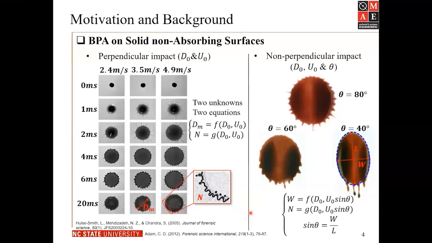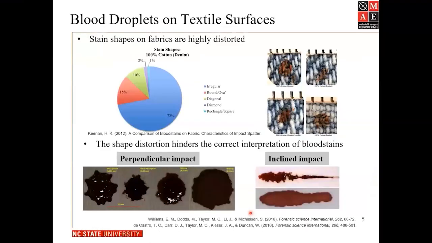However, when we go to textile surfaces or fabrics, where a lot of fluid absorption and wicking happen, the stain becomes highly distorted, and most of the stain shapes become very irregular.